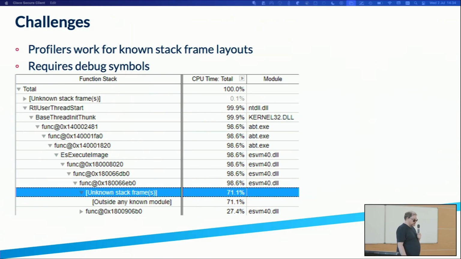If you try to just look at the call stack in a profiler, it will look something like this. You might have a few method names without any debug symbols, which are the exported symbols, but everything else is kind of Greek. And there's the highlighted blue one that is 71% of the runtime in this example, which is just unknown stack frames. That's basically the JIT section, which has been sampled.